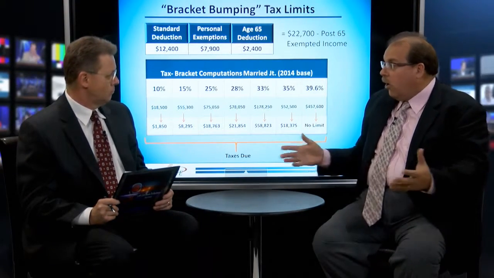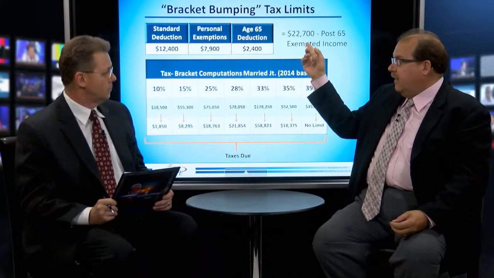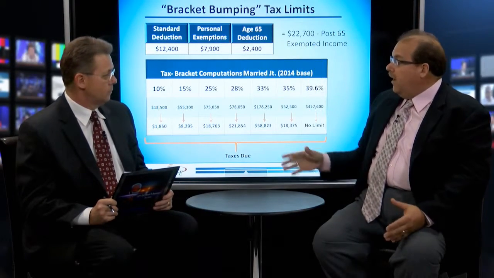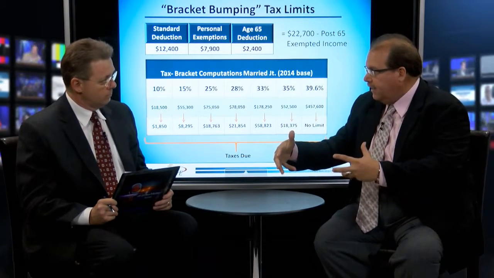I don't want zero RMDs. I still need some taxable income, or I'm wasting my standard exemptions. But now, rather than being told I have to take all this taxable income because I've eliminated so much of my pre-tax dollars that forced distributions at 70.5, I now backfill my income gap because of the lower RMDs with those dollars that I flipped over using this bracket bumping strategy.